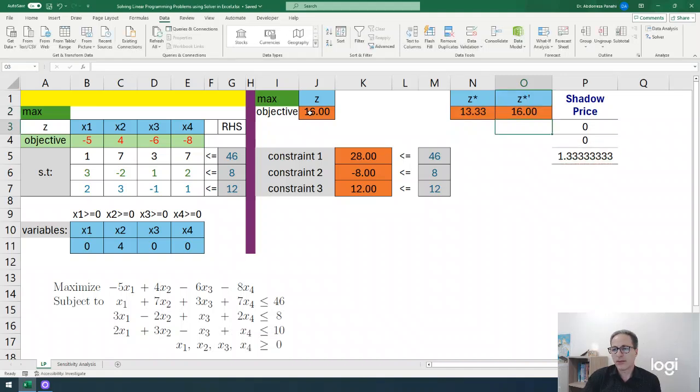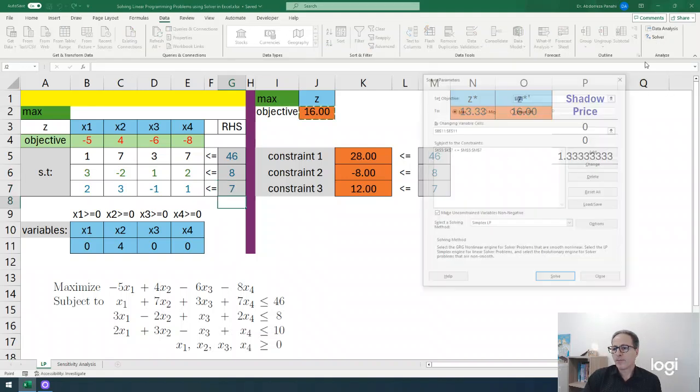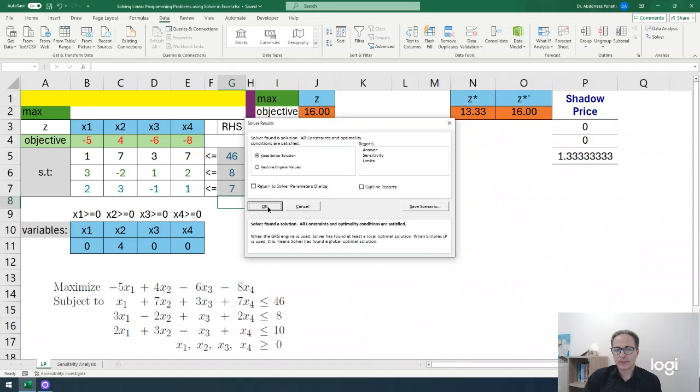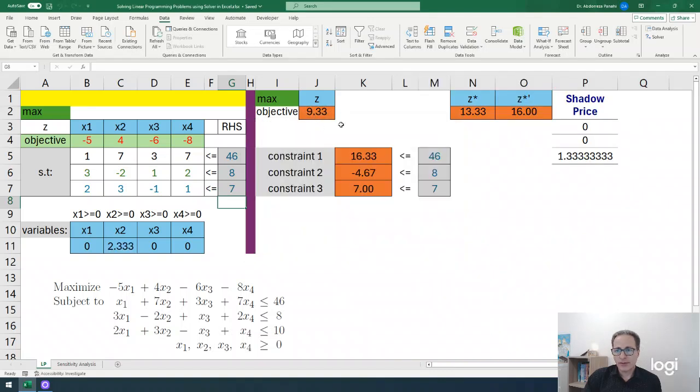Okay. Now, if I change by 3 units, but this time I'm going to decrease by 3 units. From 10, I decrease to 7. If I decrease by 3 and solve it, it becomes 9.33. But here also I have a similar way. I have the previous one, this time plus, the change is minus 3 units multiplied by the shadow price.